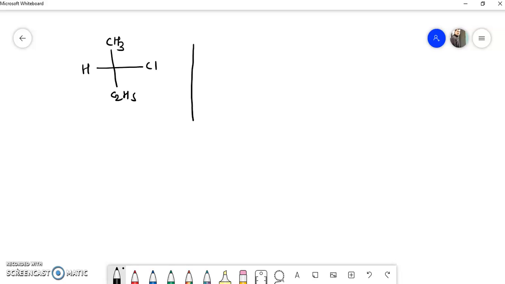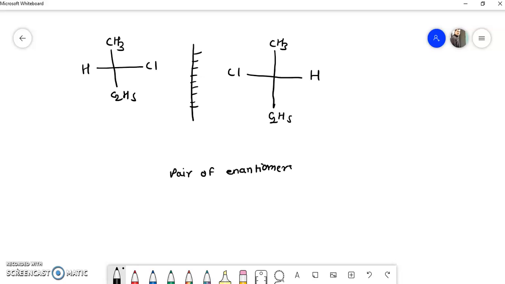Now if we place the mirror here, then we'll get this compound Cl, CH3, C2H5, H. So these are a pair of enantiomers. Okay. So the name of this enantiomer is plus, or we can say D. This is minus, or we can say L. So this is an example of enantiomers.